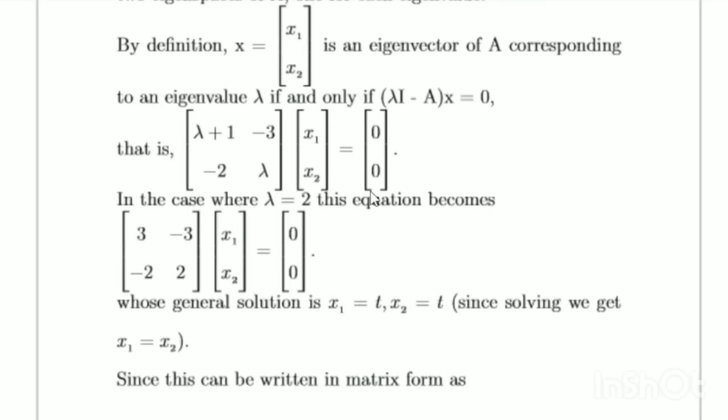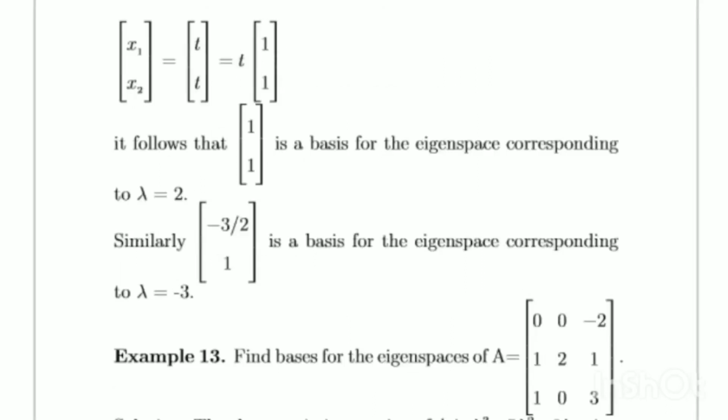Next you have to find the eigenvector corresponding to lambda equal to minus 3, again using lambda I minus A into x equal to 0.